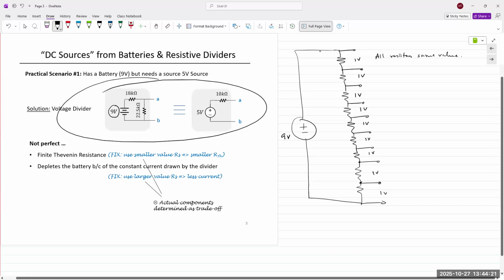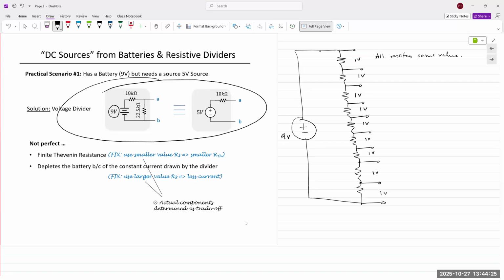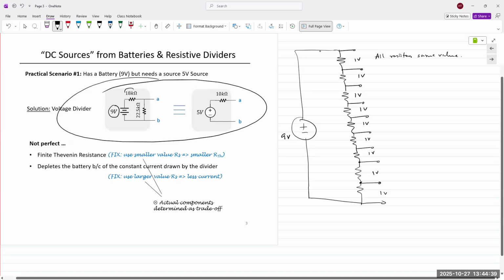And we can take any combination of these in order to obtain any combination of voltages. So we can obtain 2 volts, 3 volts, 4, 5, 6, 7, 8, 9. Right? 9 different combinations. You can have any voltages that we want. So that's a voltage divider network.